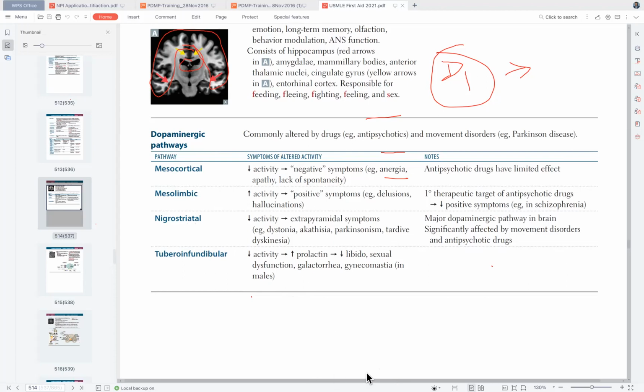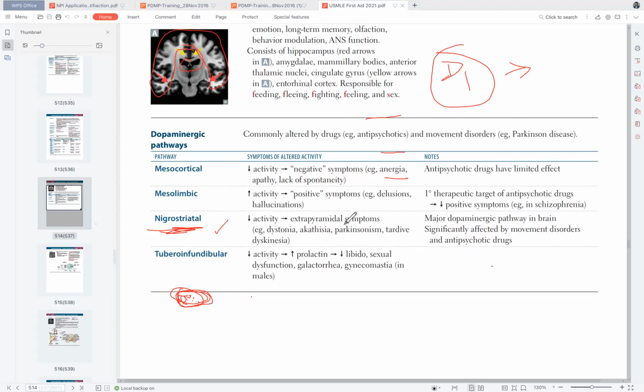Is that correct? Dopamine is made in the substantia nigra, which is just the top of the midbrain. If you look at the midbrain, there'll be some black things over there at the center. If we look at a colored image, that'll be the substantia nigra, and dopamine is made over there.